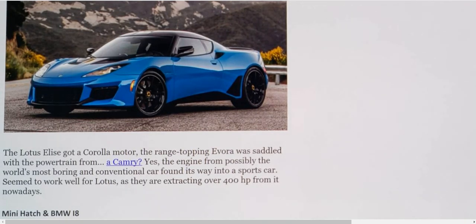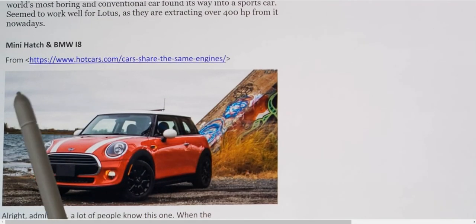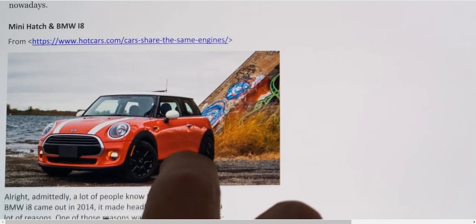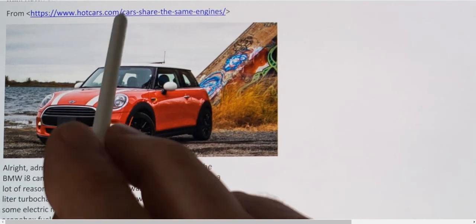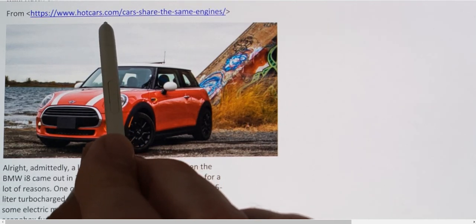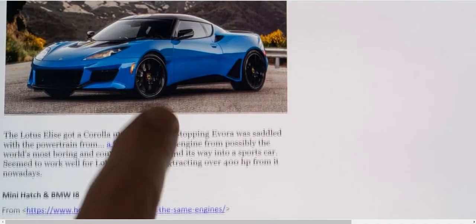That is correct. Also, I discovered that BMW i8 has the same engine as the Mini car. And if you check this address, they have 10 examples of different cars using the same engine and reaching different high speeds or different terminal velocities. And again, why?